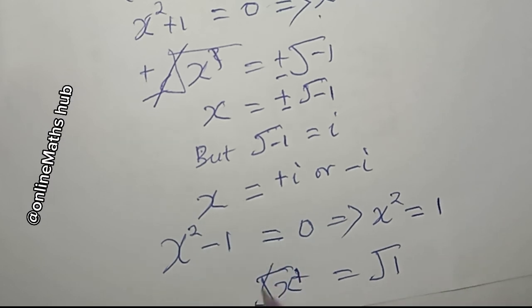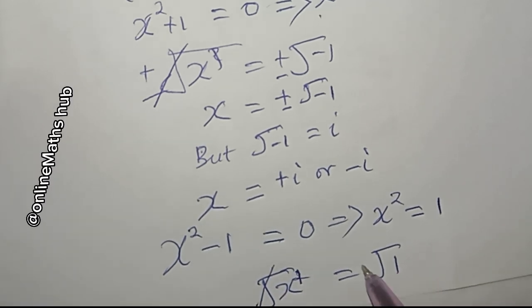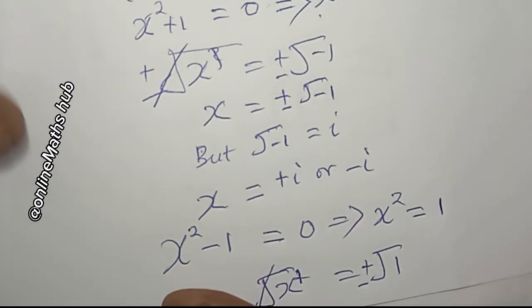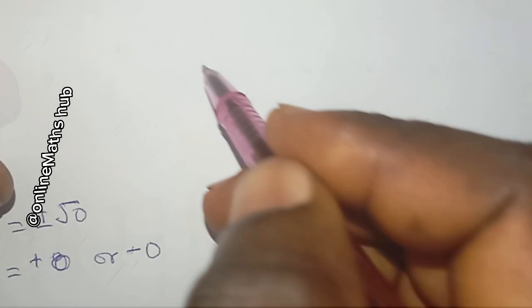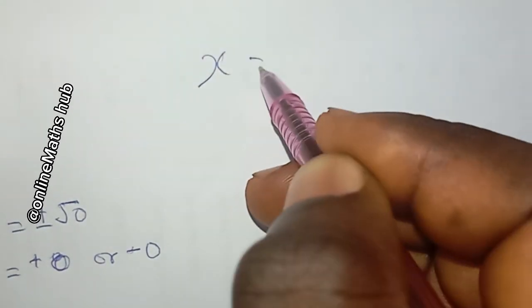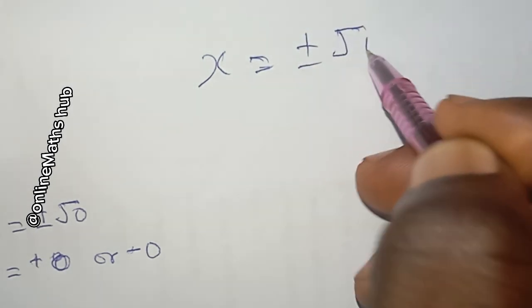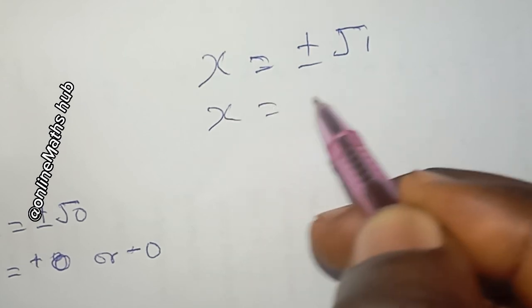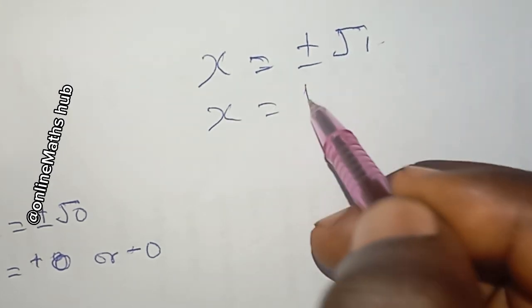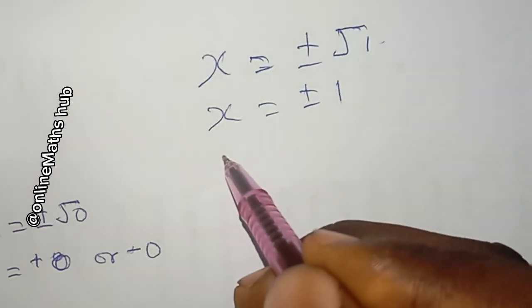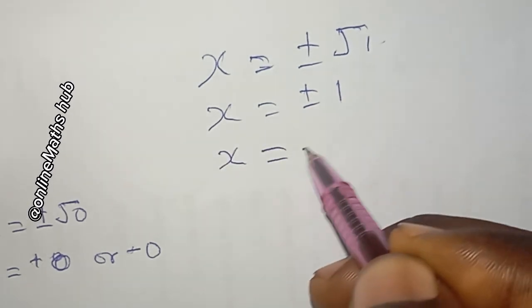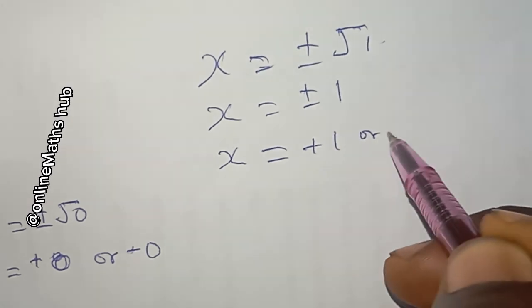The square root cancels the square, and this is plus or minus, so x is equal to plus or minus the square root of 1, which is plus or minus 1. So x is equal to plus 1 or negative 1.